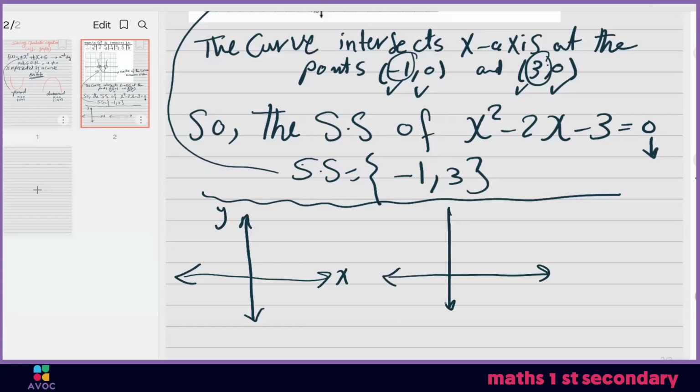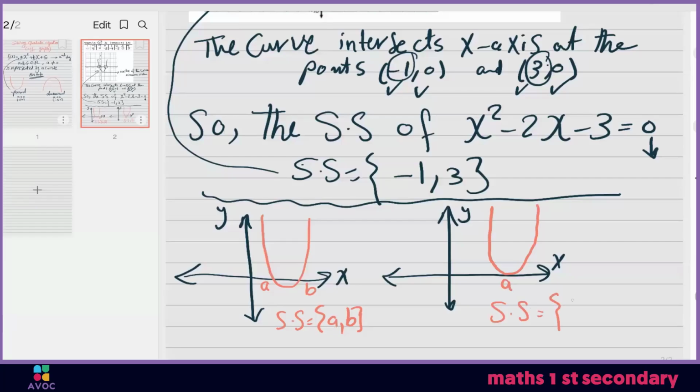When the curve intersects the x-axis at 2 points, A and B, the solution set will be A and B. When the curve touches the x-axis at 1 point, the solution set will be A.